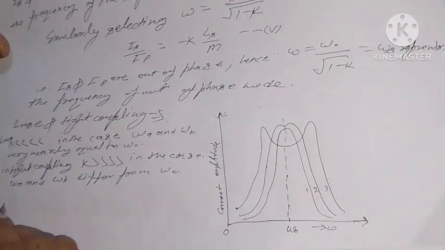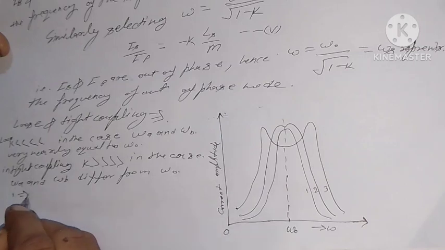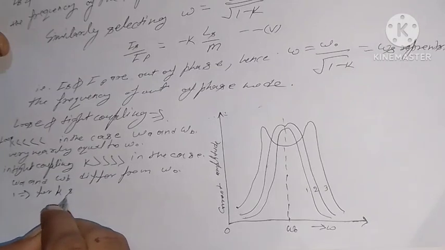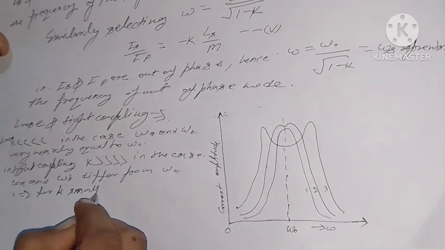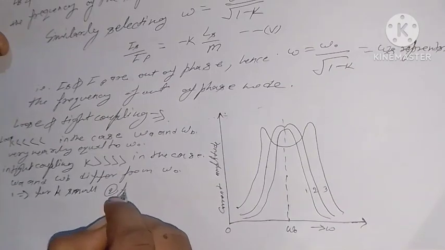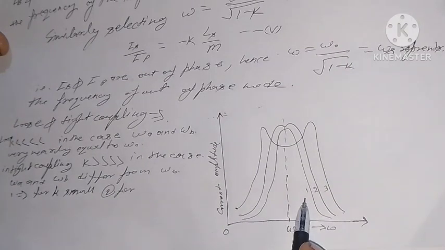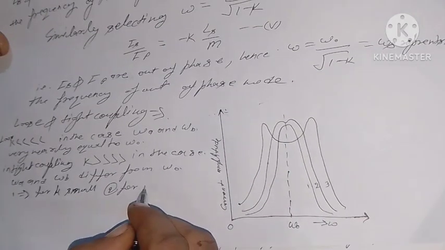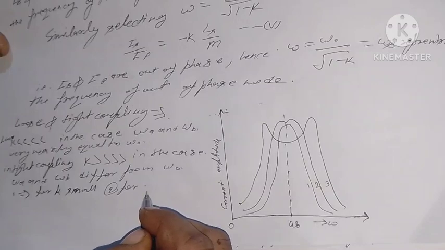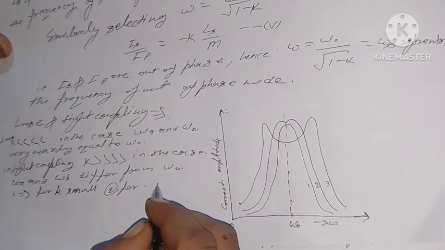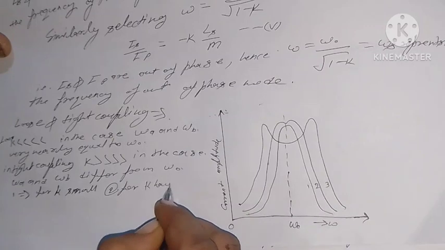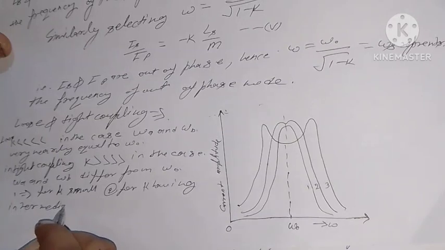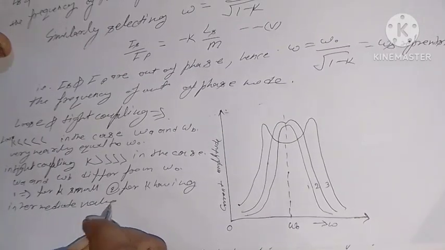First, for K small, this is the first figure, for K very small. Second, K having intermediate value.